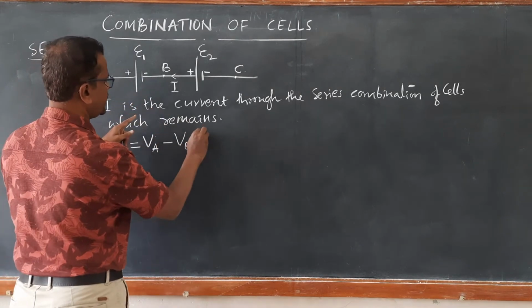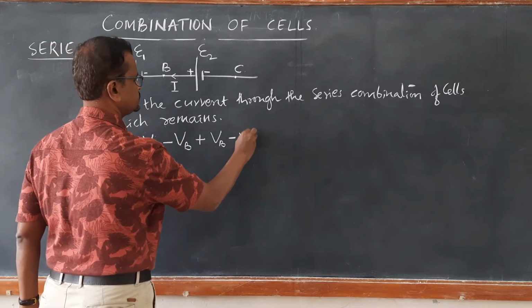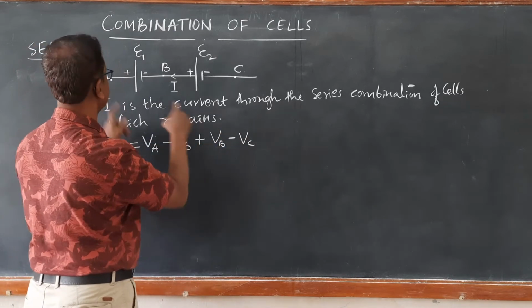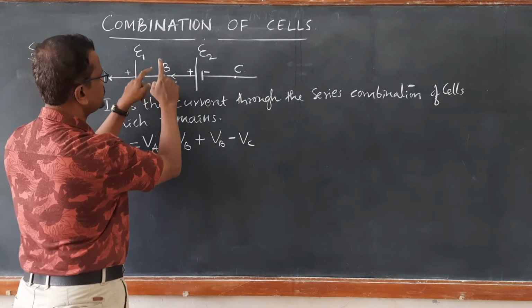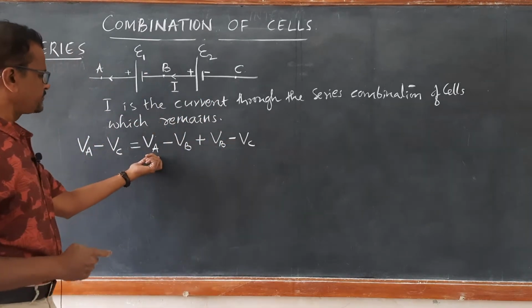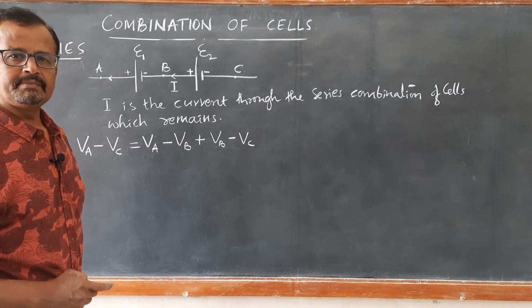Then we will add what is VB minus VC. Yes, VA minus VB plus VB minus VC. You can just see VB cancels. So you are left with VA minus VC.